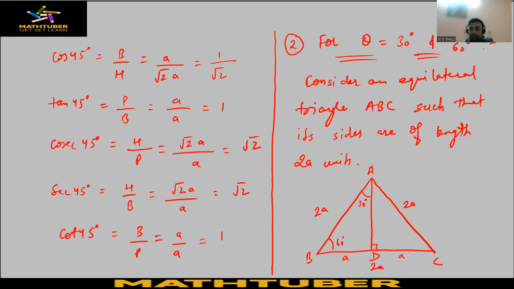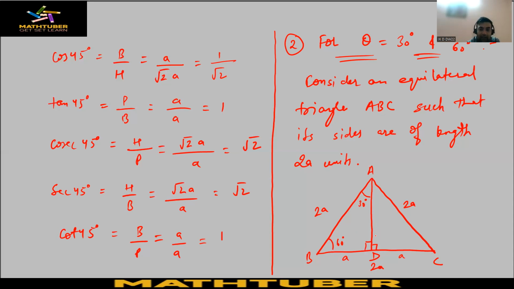So now we can find out the trigonometric ratios for 60 degree and 30 degree in the triangle ABD. But for that, we have to find out AD here, the value of AD, by applying the Pythagoras theorem, as this angle ADB is a right angle.